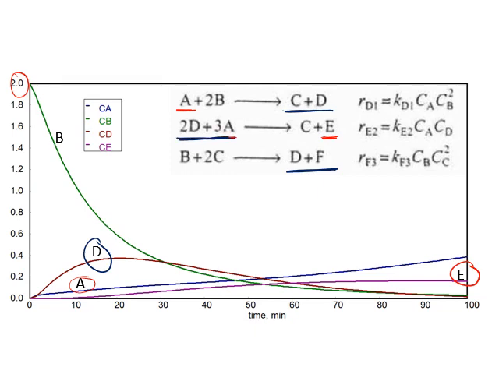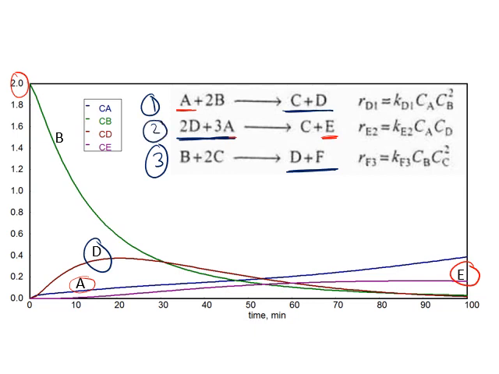So obviously, at the beginning of the process, the rate at which D is being formed through reactions 1 and 3 is more than the rate at which D is being consumed through reaction 2.